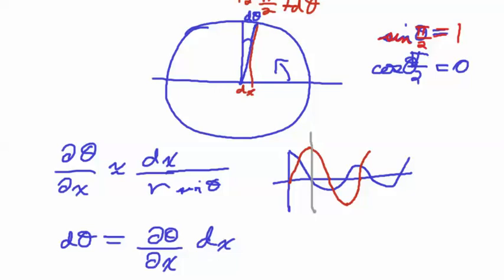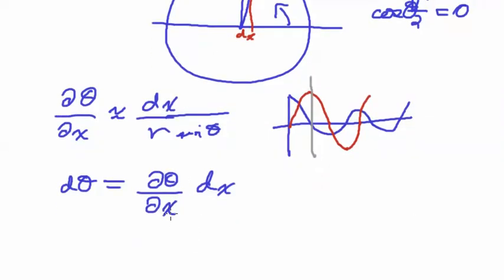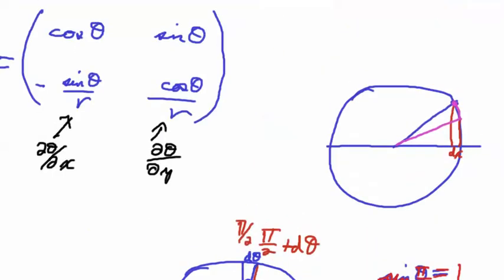So I am thinking del theta del x would be 1 over r sine theta. But that's not what we got, is it? We got del theta del x is negative sine theta over r. The r seems in the right place. The sine theta seems backwards.